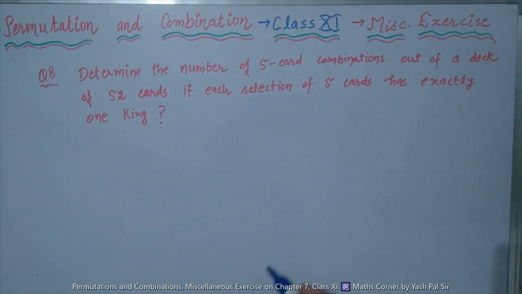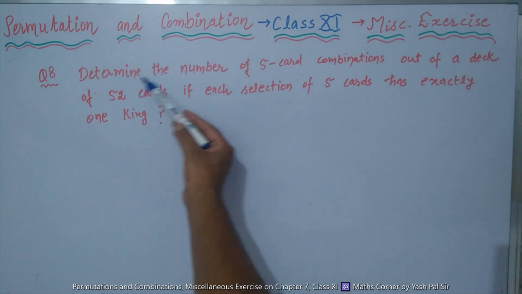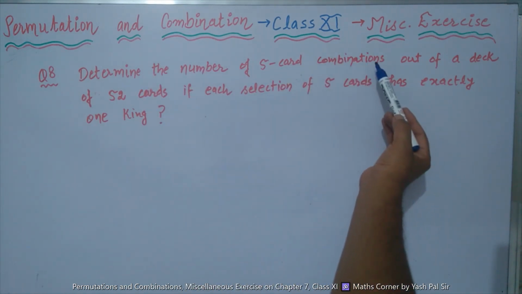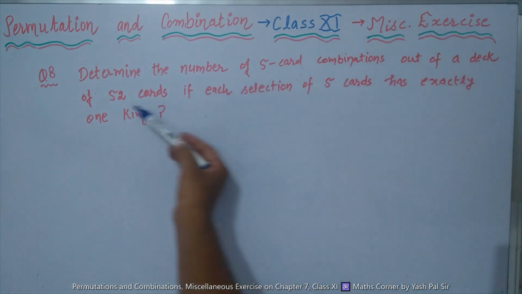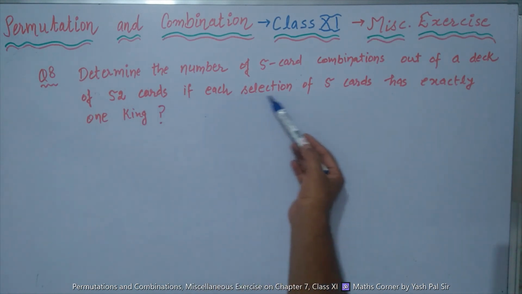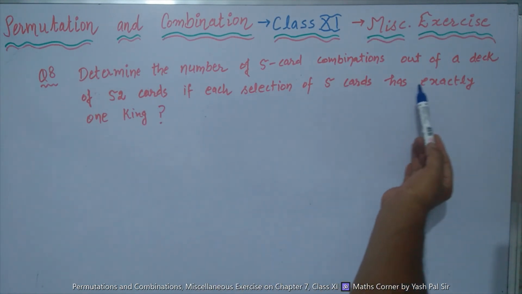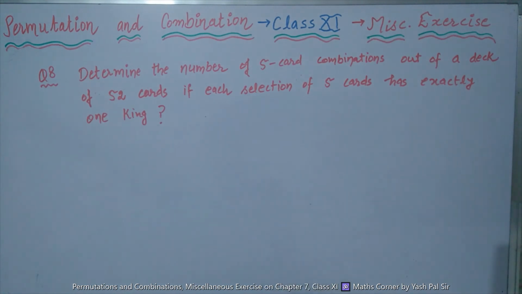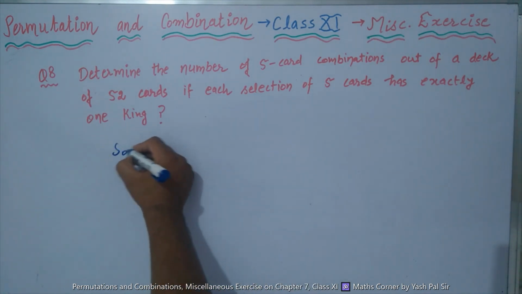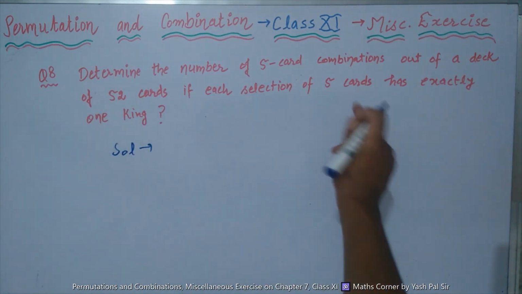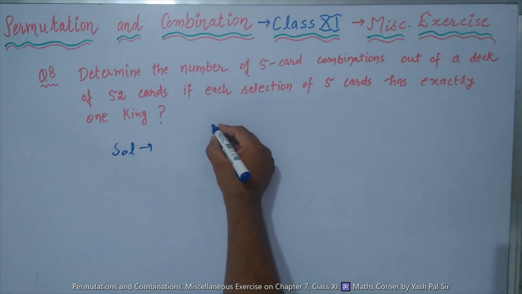Now next our question number 8 is determine the number of 5 card combinations out of a deck of 52 cards if each selection of 5 cards has exactly one king. So first of all, how many king cards are there?